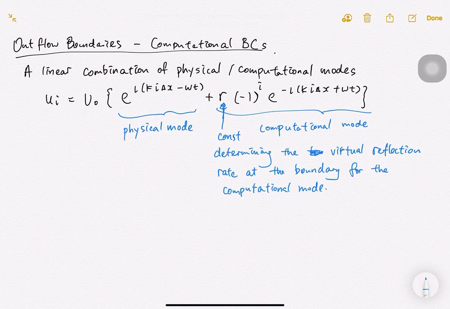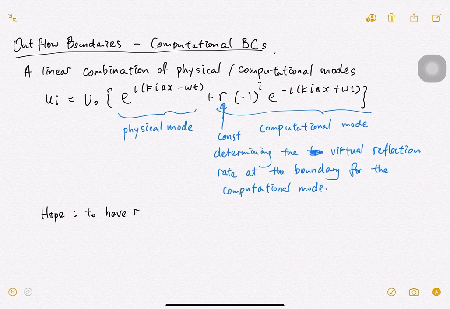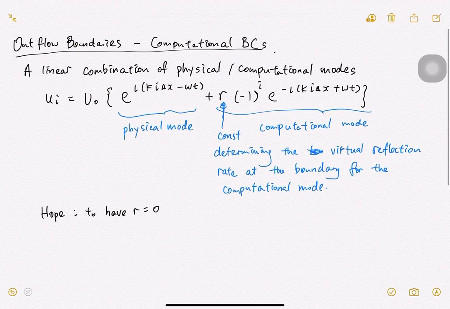Okay, so the hope is that we can keep this value as small as possible. The hope is to have R equals to 0. Of course, we don't want any computational mode, it's fake, it's not physical.